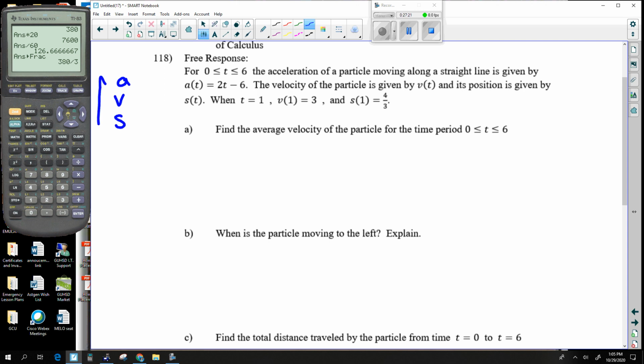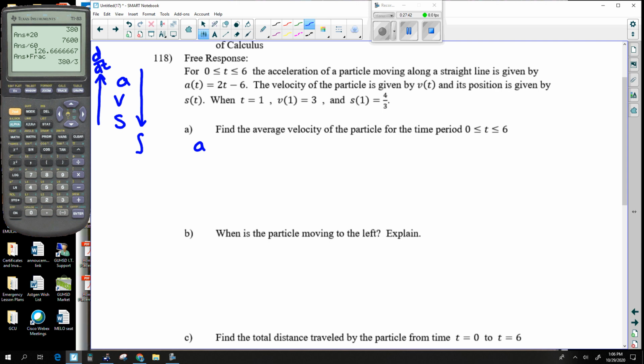I take a derivative going that way, and I take an integral going that way. So if I have an acceleration, I can figure out a velocity. So they want to know the average velocity, however. Okay, whatever. I'll figure it out.